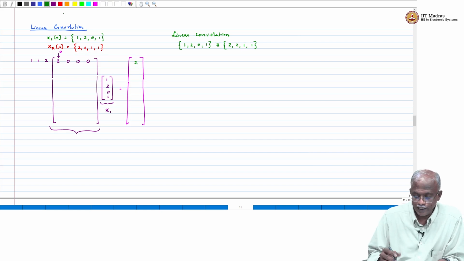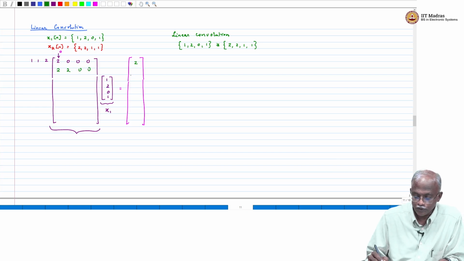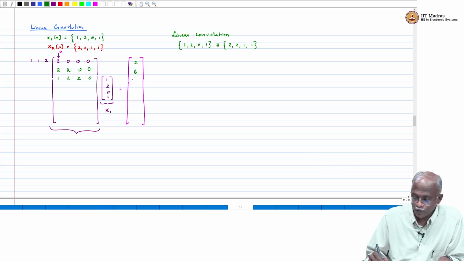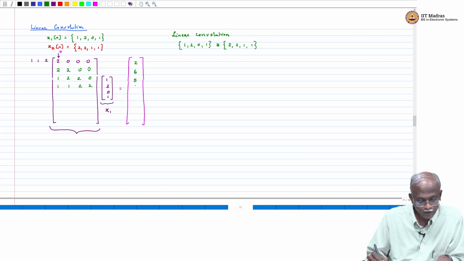You shift right, so it becomes 2, 2, 0, 0, and the value comes out to be 6. Next, shift one more time: 1, 2, 2, 0. You get a value of 5. Then shift one more time: 1, 1, 2, 2. You get a value equal to 5 again.